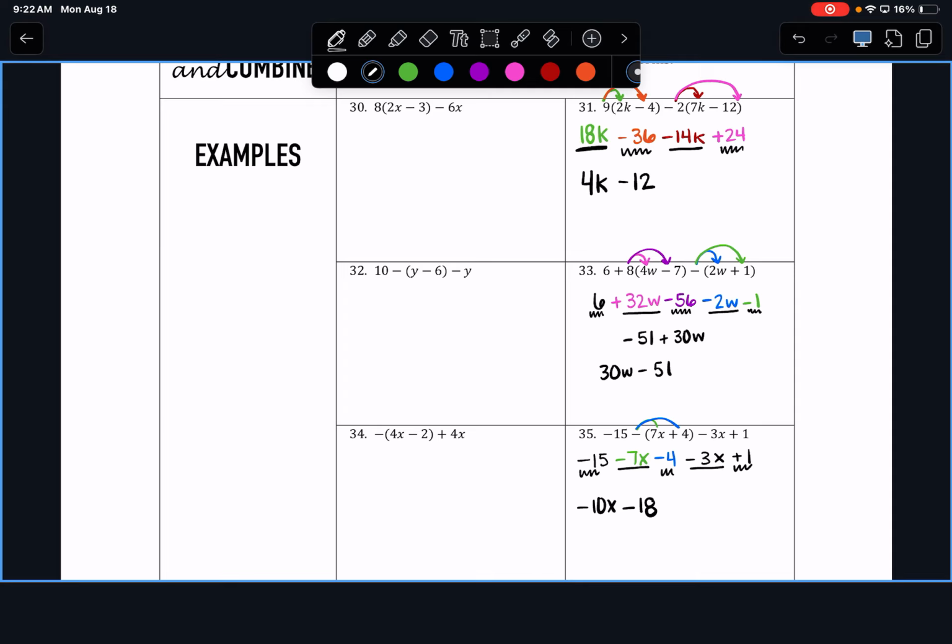FYI, if you're ever having trouble thinking about it, it is genuinely kind of like if you have 4 Snicker bars, then you eat 4 Snicker bars. How many Snicker bars are left? 0. In this case, your variable x is your Snicker bar.